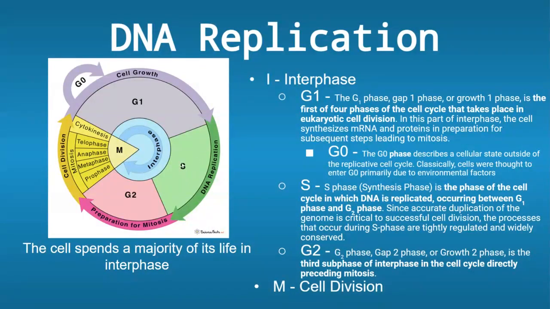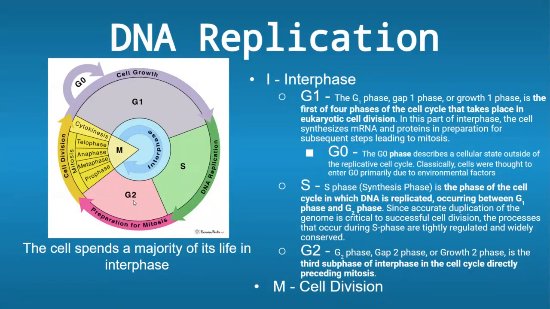If the cell moves on to S phase, this is known as synthesis phase. What are we synthesizing? Well, DNA. During S phase, we will make a copy of all the DNA inside of the cell. So we actually end up with 4 copies of the DNA. Now, G2 phase, we have twice the amount of DNA that we need.